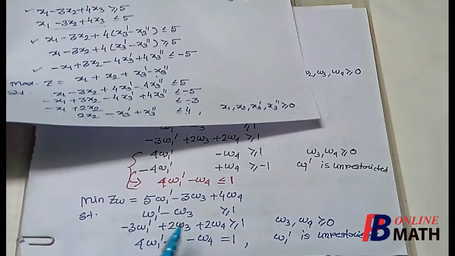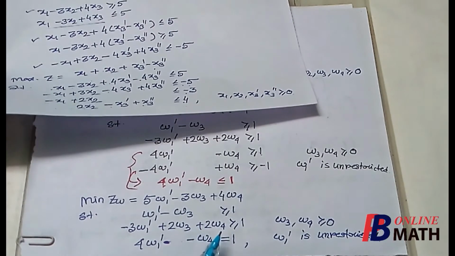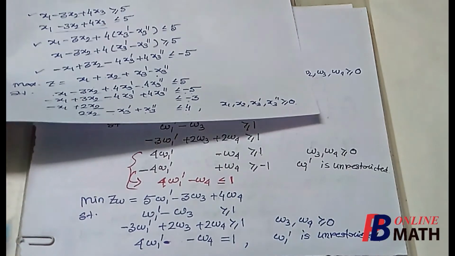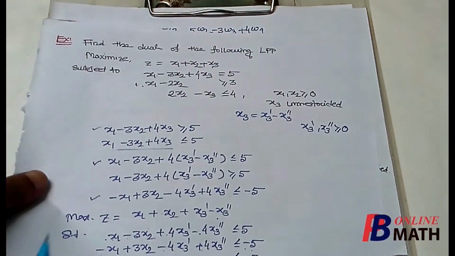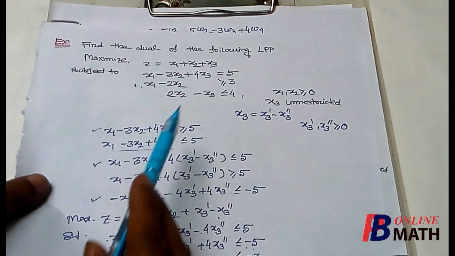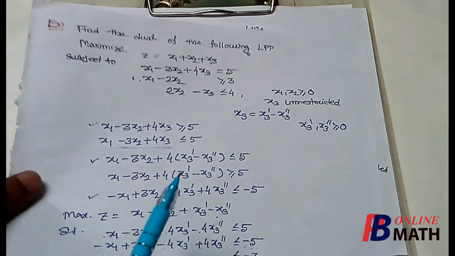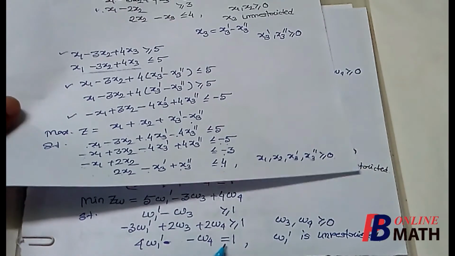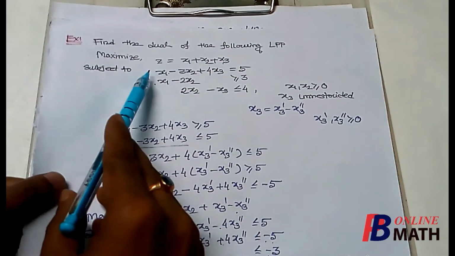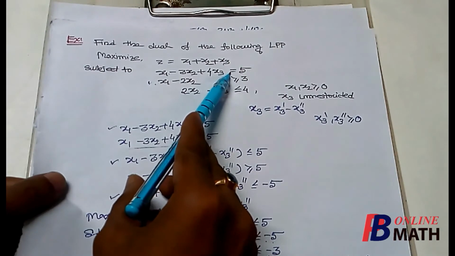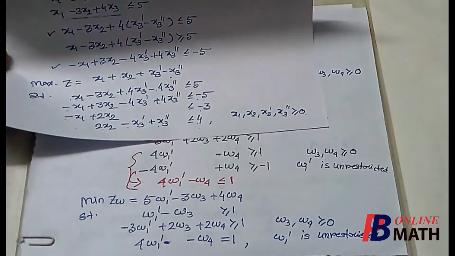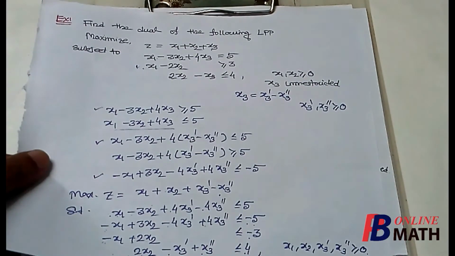So if we compute the dual, we have found that the first variable of the dual is unrestricted in sign. So this is interesting. If we find any variable of the primal as unrestricted in sign, then the corresponding constraint of the dual will be an equation. And conversely, if we find any constraint of the primal as an equation, then the corresponding dual variable will be unrestricted in sign. So these are very important results.